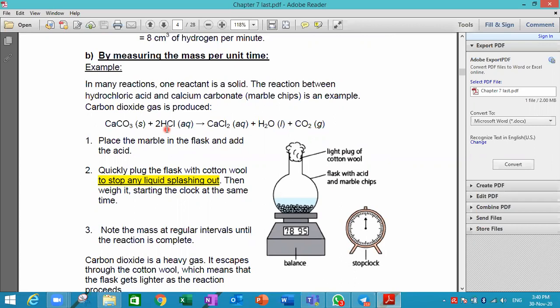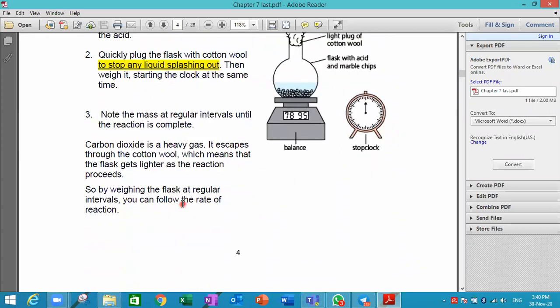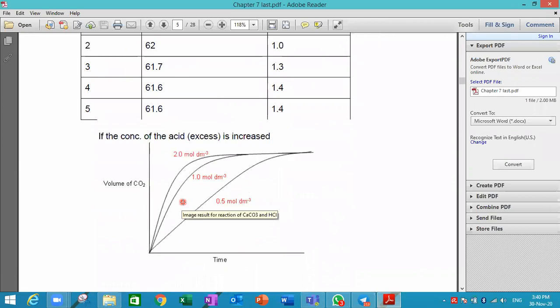Increase? Yes, excellent. The rate will increase, and you will see this on the graph. As we increase the concentration of HCl, the curve becomes steeper. This means that the rate increased.